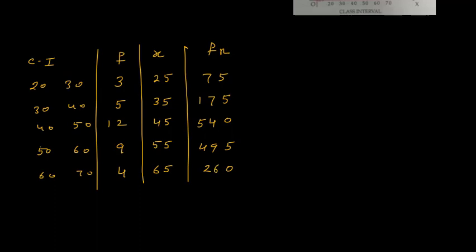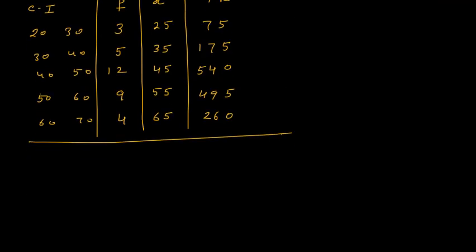Now the total frequency: 3 plus 5 is 8, 12 plus 8 is 20, and 9 plus 4 is 13, so 33. Total frequency is 33, and here the total of fx is 1545.